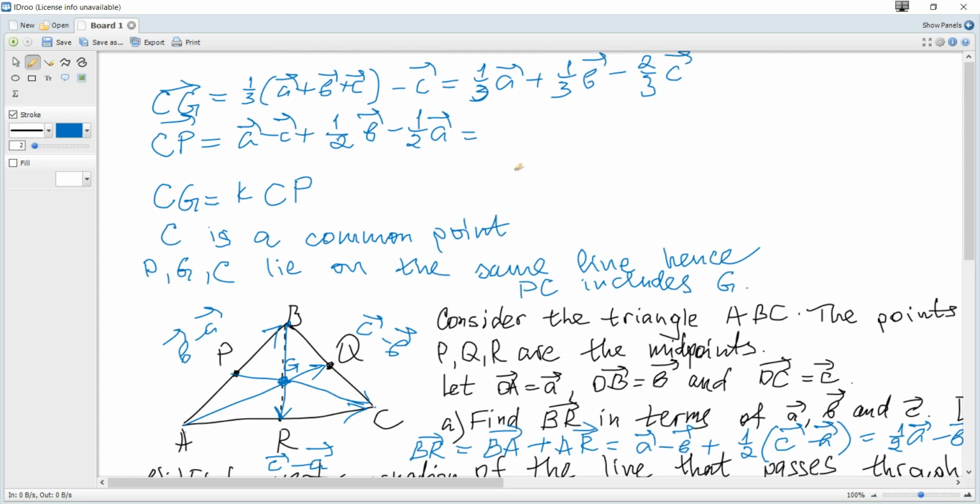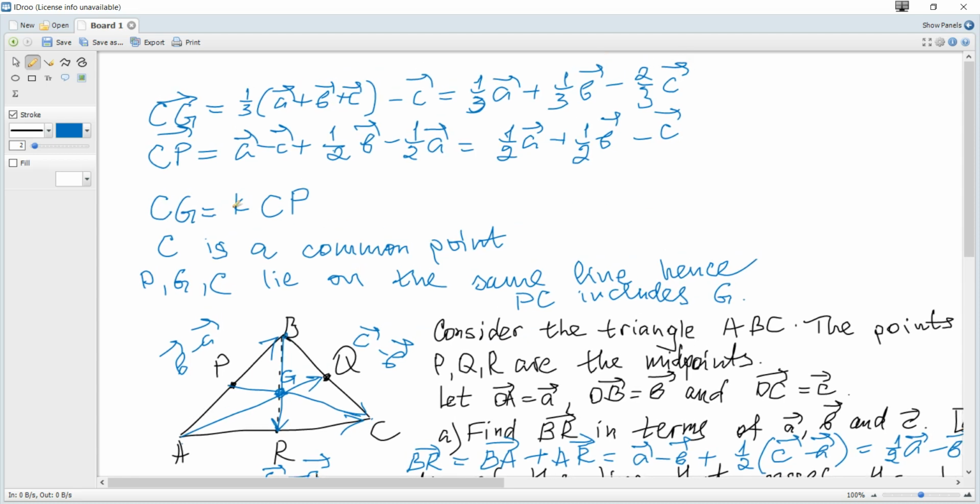Hence it becomes a half A plus a half B minus C. And we can see that CG is 2/3 of vector CP.